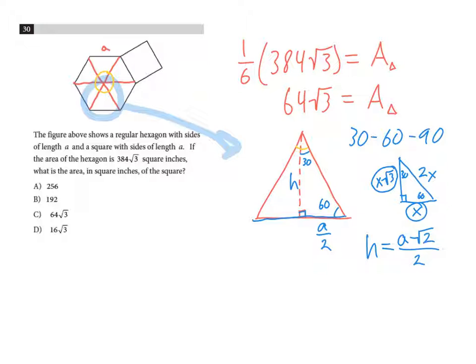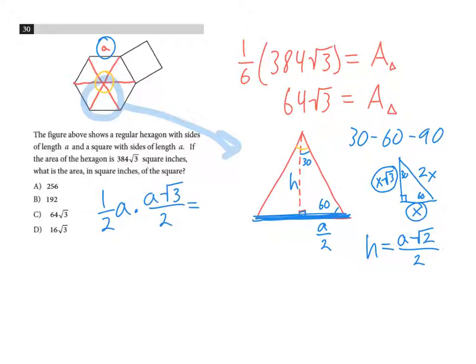All right, now again, the whole base is the side length of the hexagon, which was A. And the area of the triangle can be calculated by 1/2 base times height. That'd be 1/2 A times A√3 on 2.